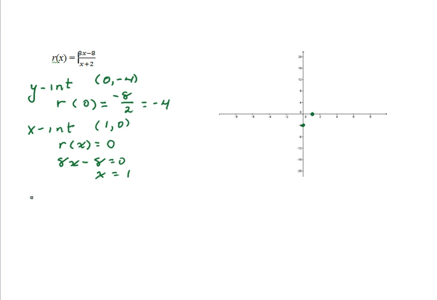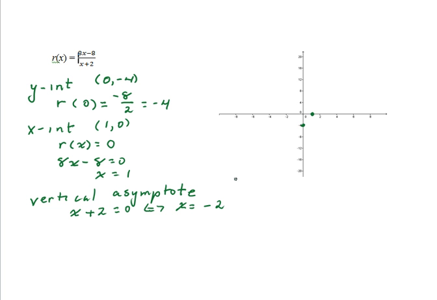Now, the vertical asymptote is the vertical line going through the value which makes the denominator 0. And so x plus 2 equals 0 if and only if x equals negative 2.